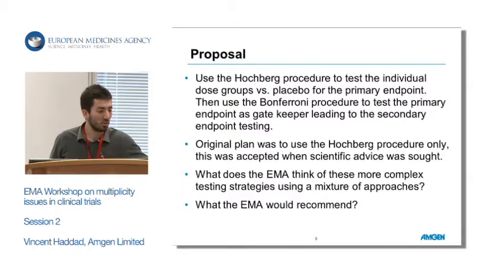What would the EMA recommend? At the beginning, the first session, many questions were asked, and if I had the answer, I would be able to answer my own questions. So do we need to be really strict in controlling the family-wise error rate or not in this scenario? And is Hochberg sufficient?